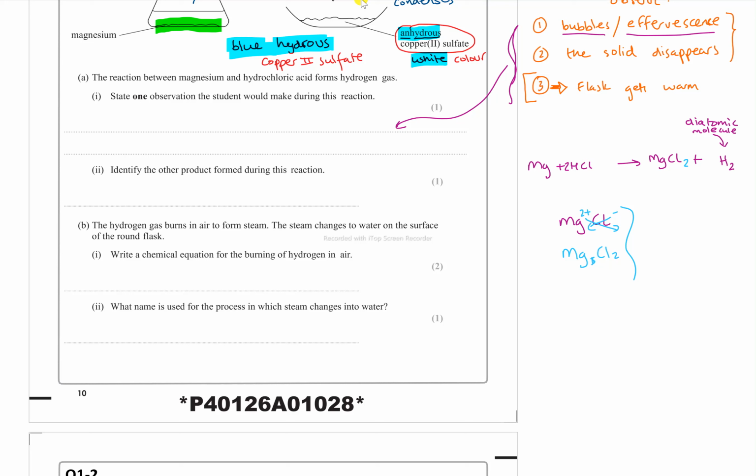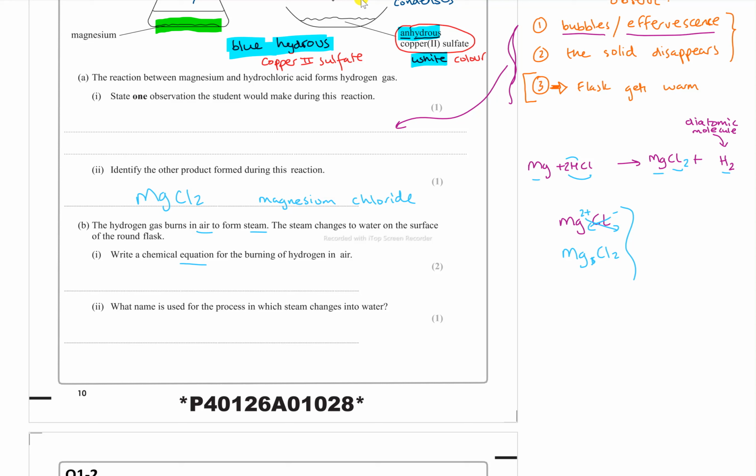So now 1 magnesium, 2 chlorines, 2 chlorines, 2 hydrogens, 2 hydrogens, so it's balanced. So the other product is magnesium chloride. Right, they've not asked for a chemical or a word, so magnesium chloride.